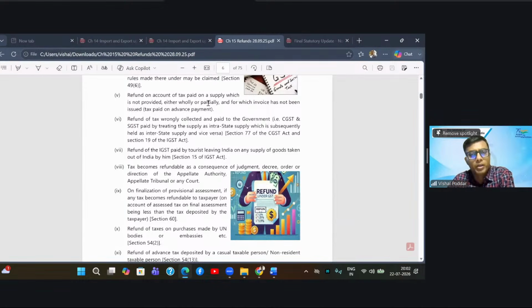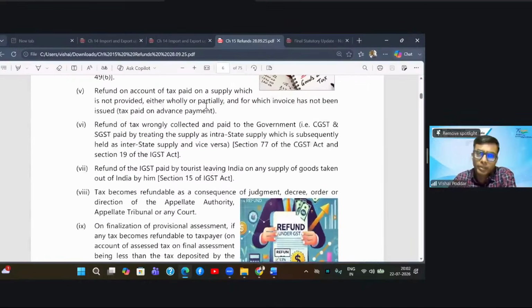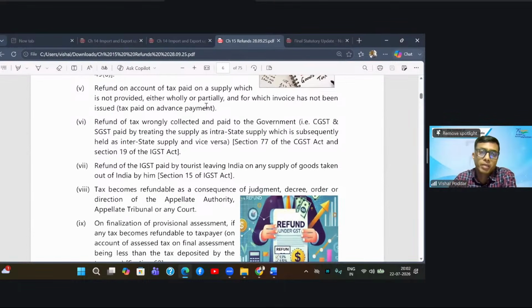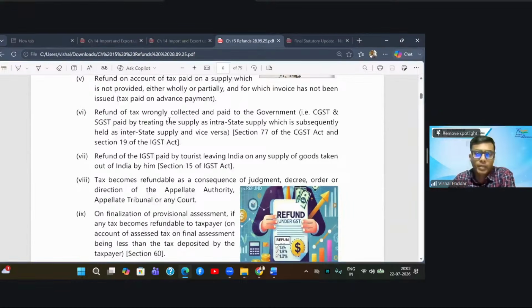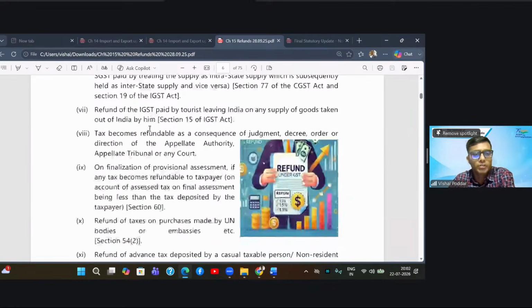Now, in this particular case, you can get the amount of tax paid back as a refund, provided you have refunded the amount to the recipient. Next, refund of tax wrongly collected and paid to government. So you have treated the supply as intrastate and paid CGST and SGST, but it should have been interstate, or vice versa.